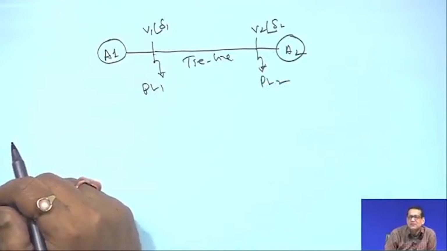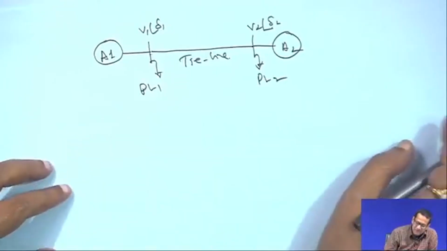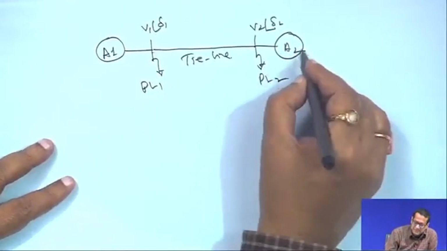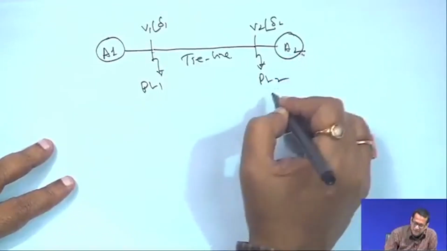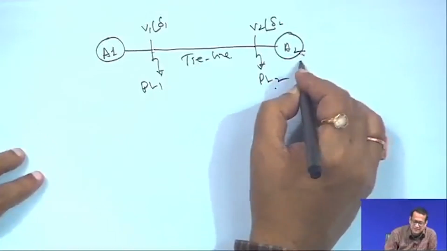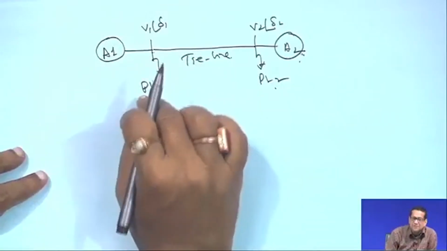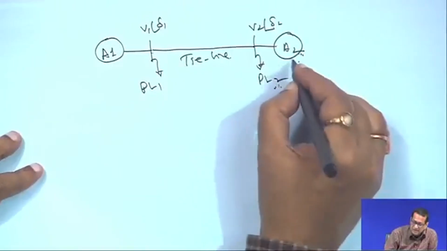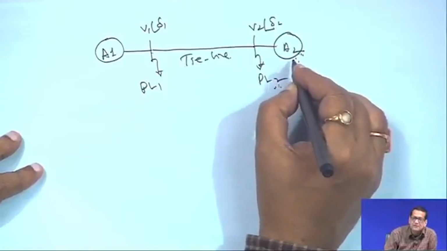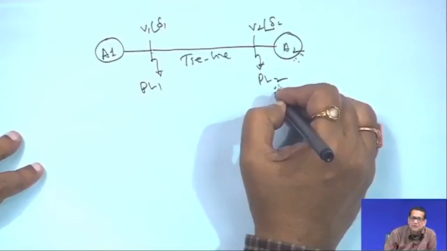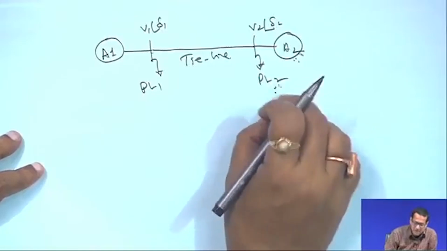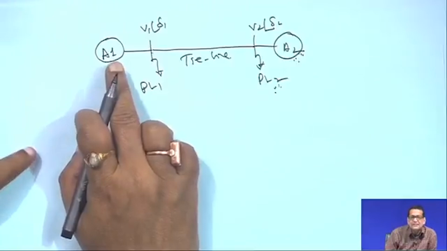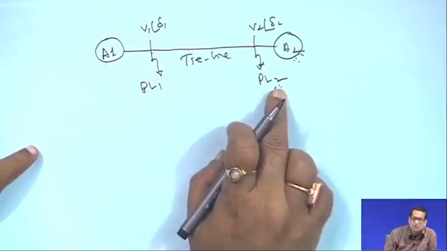It is expected that each area will accommodate its load by its own generation. But if the demand here is more and the power generation capacity of this area fails to meet the load demand, then the additional demand will come from the other area, assuming that this power system has sufficient spinning reserve to supply its load.